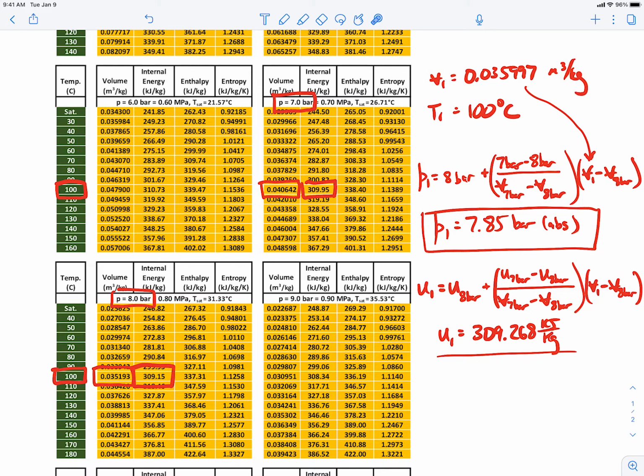So we came to the superheated vapor tables for R134A, and then I went through the tables looking at 100-degree temperature values and compared them to my specific volume, and I found that this specific volume at 100 degrees was between the specific volumes at 7 bar and 8 bar. So I then did a linear interpolation between those two values, that's given right here, to find what the actual pressure is, and while I was at it, I also found what the specific internal energy was.